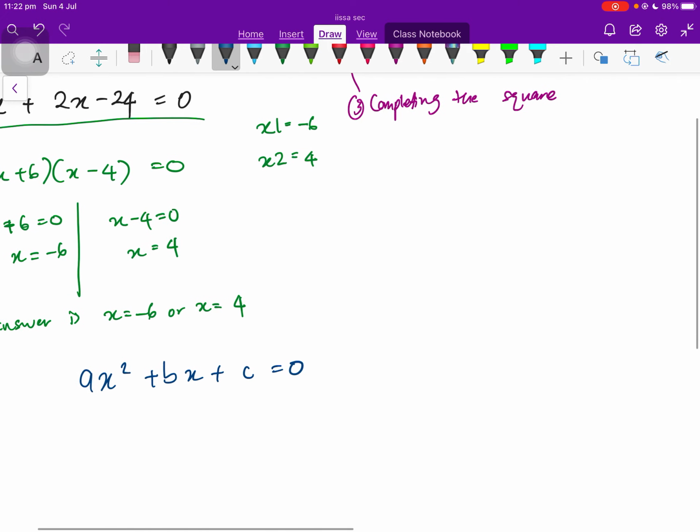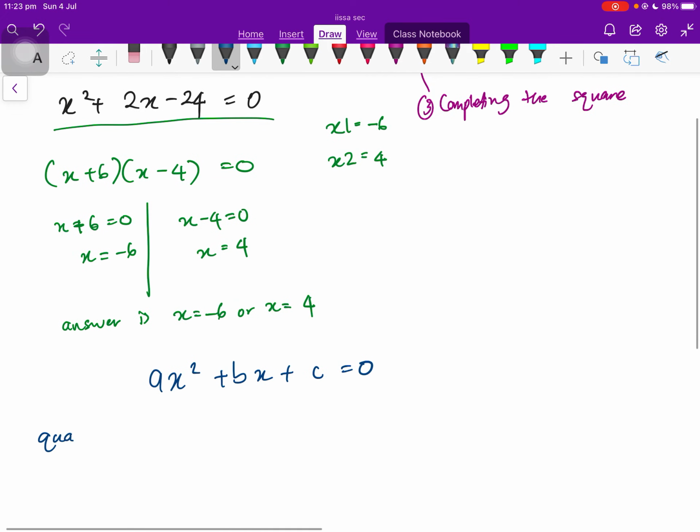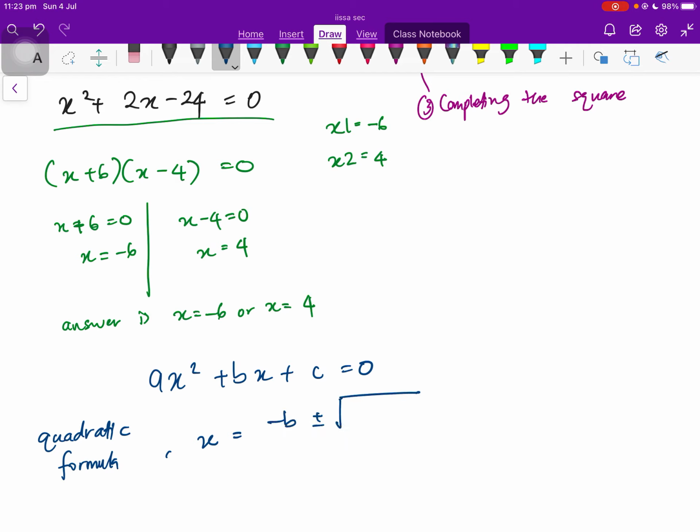The quadratic formula is given by x is equal to negative b plus or minus the square root of b squared minus 4ac, over 2a.